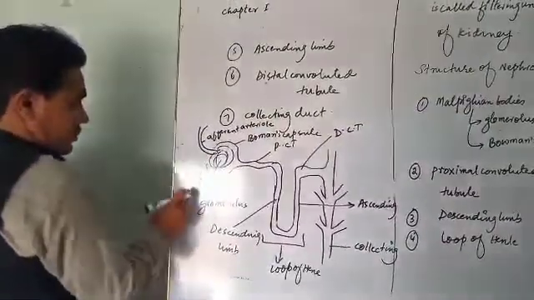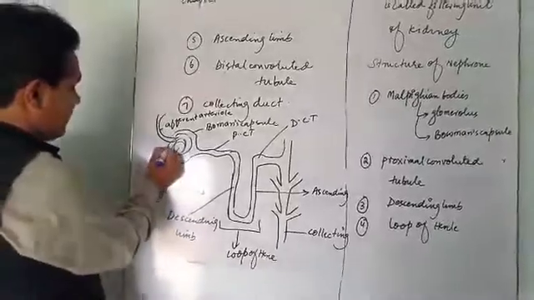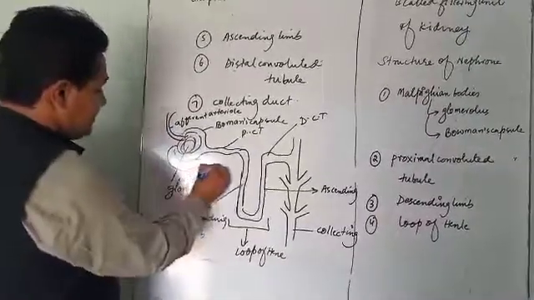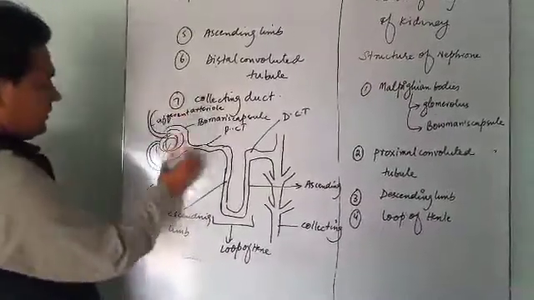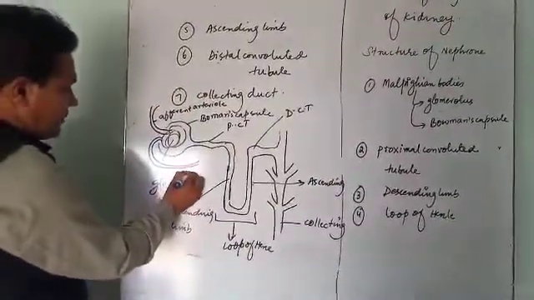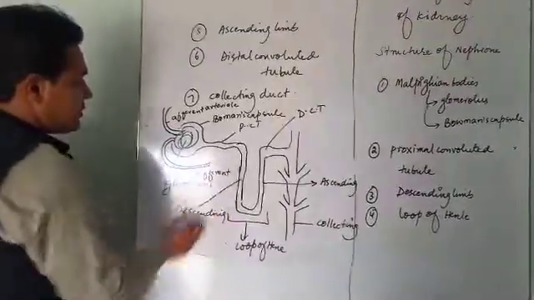And those smallest arteries which arise from the glomerulus are called efferent arterioles.